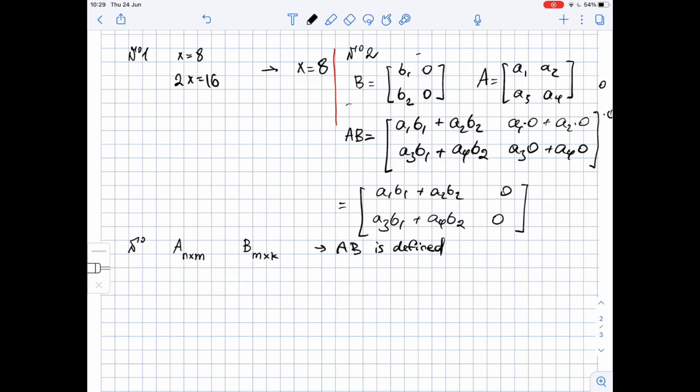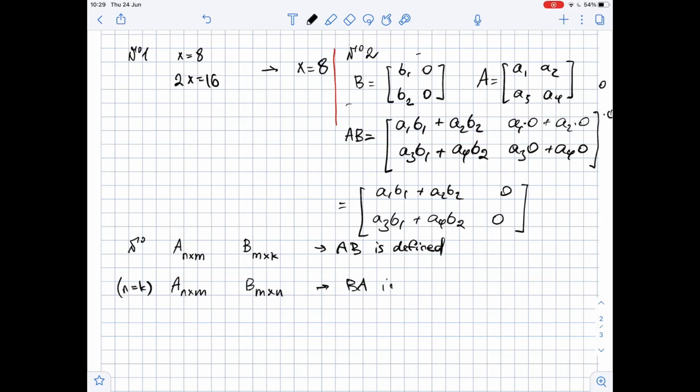However, since BA also needs to be defined, that means that the number of columns in matrix B equals the number of rows in matrix A. So we get that A is an n by m matrix and B is an m by n matrix. So n equals k, so that BA is defined.